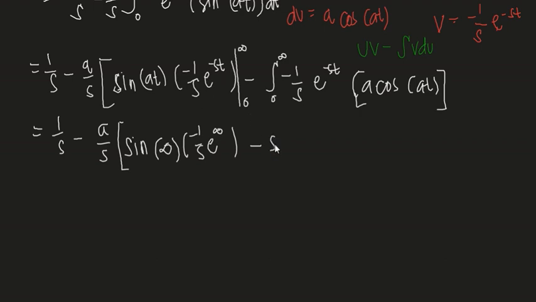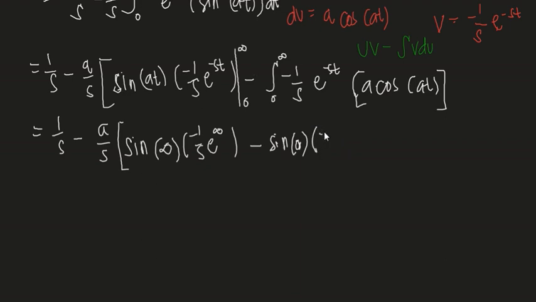So we have sine, a multiplied by 0 will be automatically equal to 0. E raised to negative s multiplied by 0 will be equal to 0. Oops, may kulang kita, negative 1 all over s.